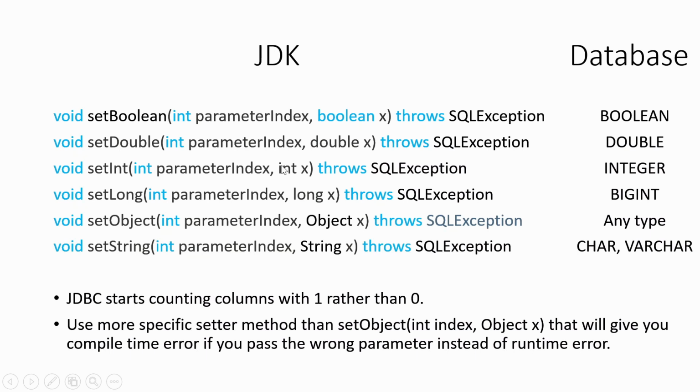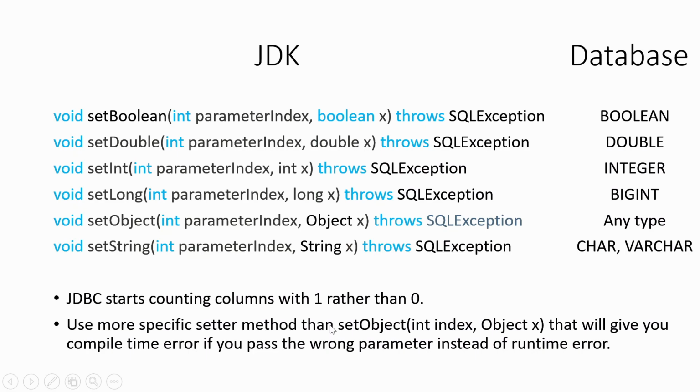And for char and varchar, set string. The first parameter is column index. It always starts with 1, not with 0. So make sure of this one. For set object, you cannot get a compile time error if you pass a wrong parameter, but you will get a runtime error. So it is better to use more specific setter methods.